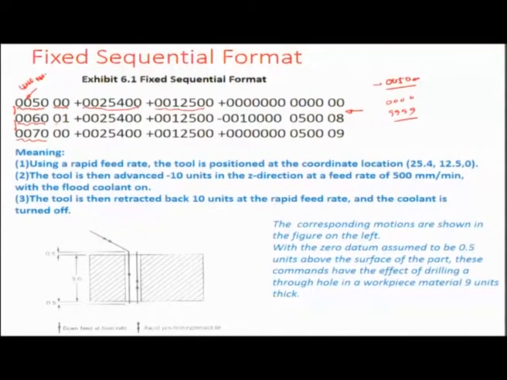The second column here refers to the preparatory command, and similarly there are numbers which talk about the individual coordinates. These probably correspond to the different axes involved, and we can see that it's represented in a very peculiar manner, 0 0 2 5 4 0 0. So there are so many numbers to denote.